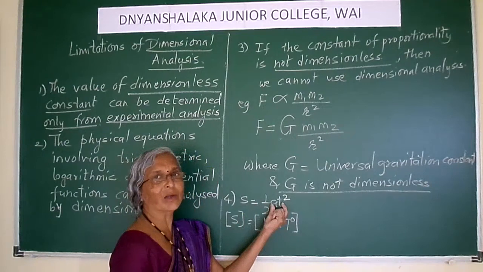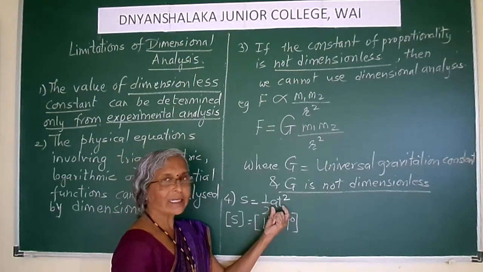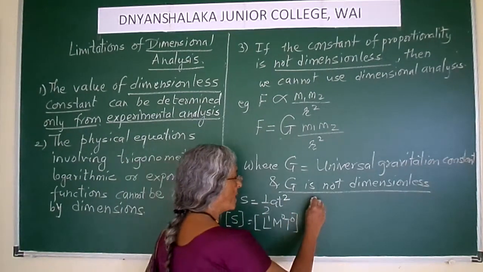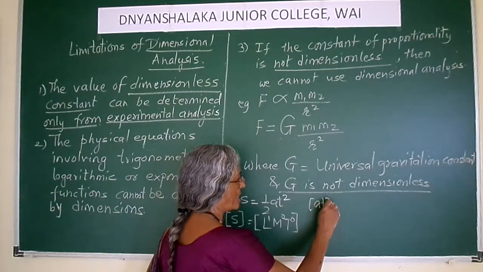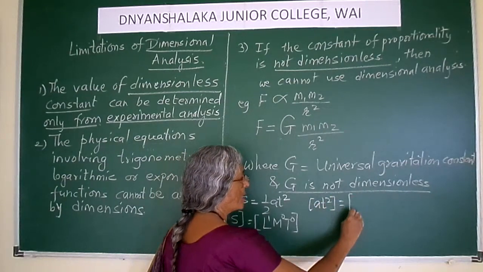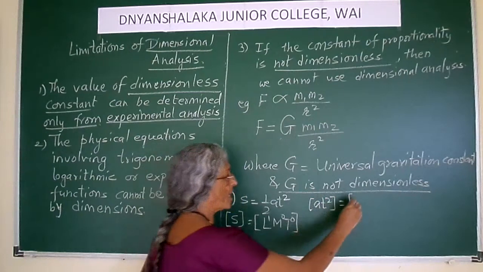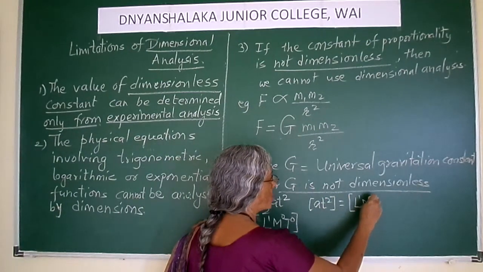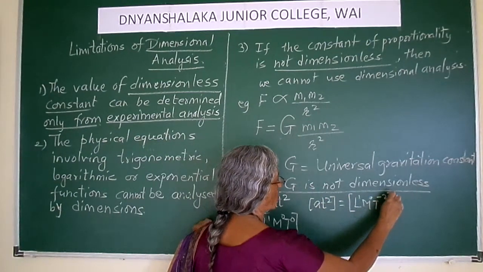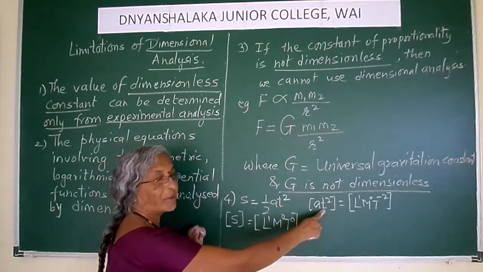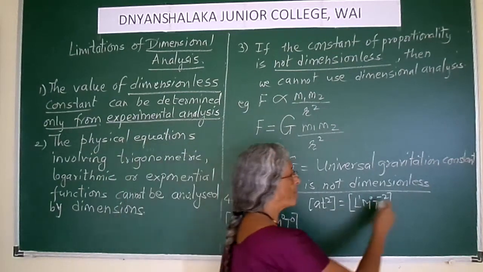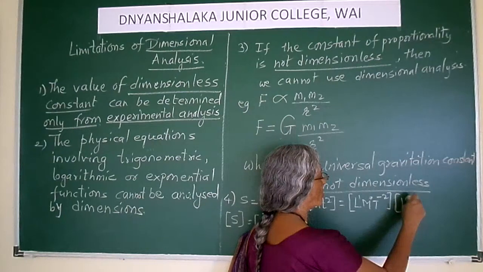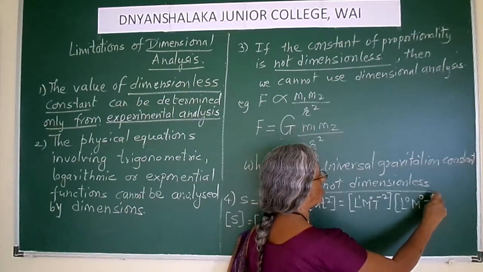I will find the value of this AT square. So what will be the dimensions of AT square? That will be dimensions of A, acceleration, L raised to 1, M raised to 0, T raised to minus 2, into dimensions of T square. T is time, time का square. So L raised to 0, M raised to 0, T raised to 2.